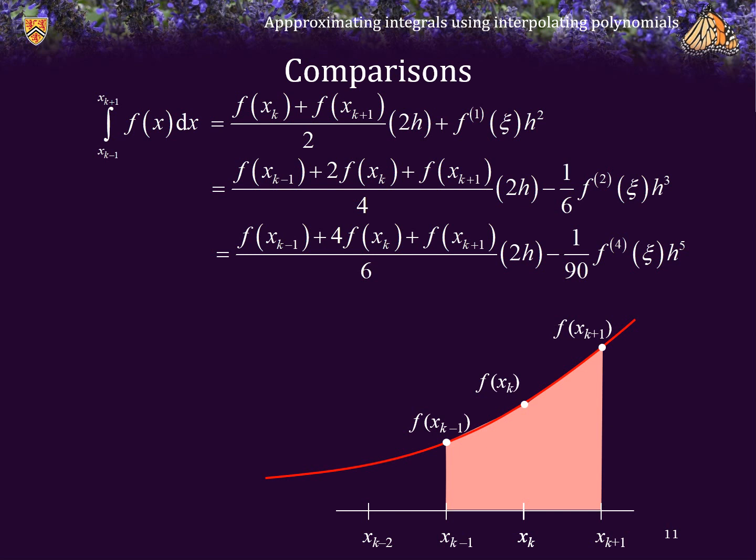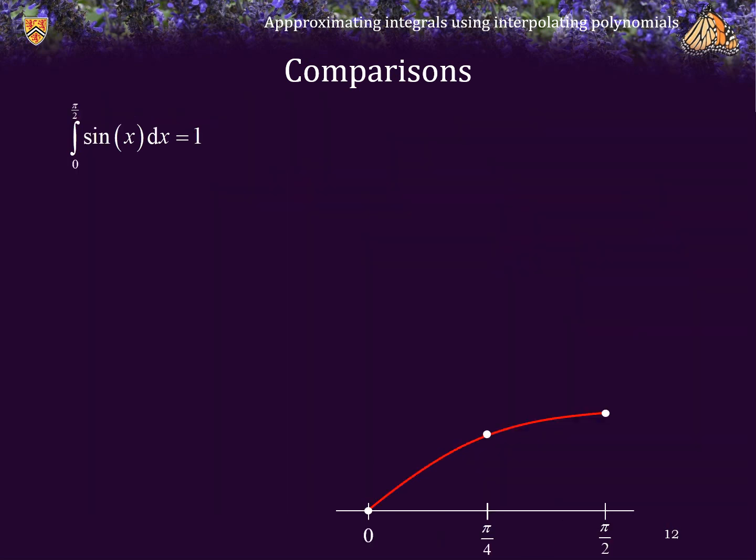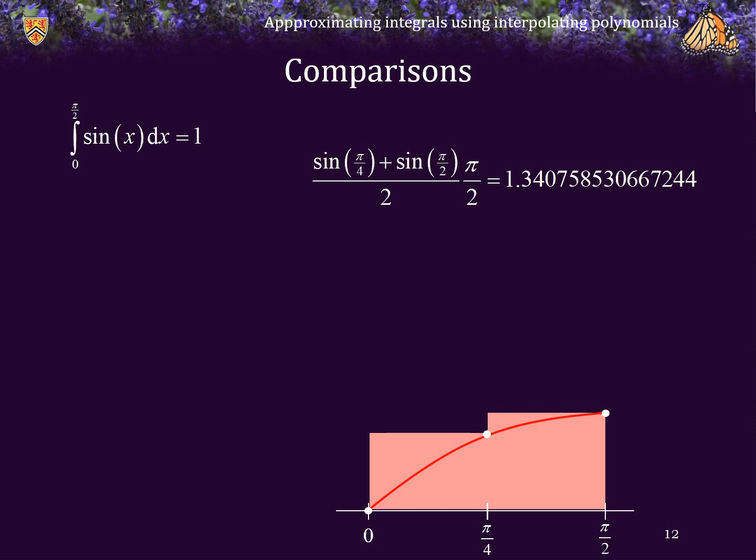Let's compare these 3 methods. Let's look at a practical example. You know from calculus that the integral of sine from 0 to pi over 2 is 1. If we use the Riemann sum definition with 2 subintervals, we're essentially calculating the area of these 2 rectangles, and as you can see, the approximation of the integral significantly overestimates the value of the actual integral.